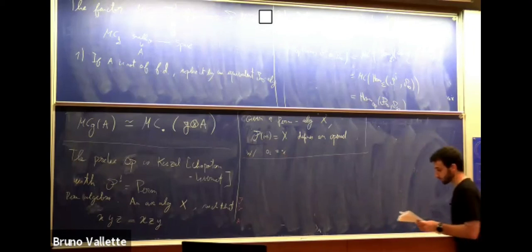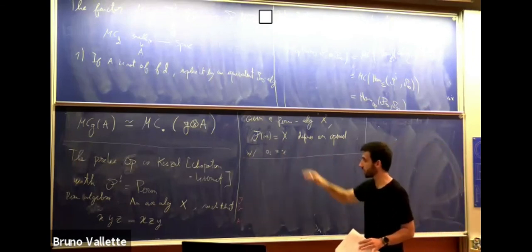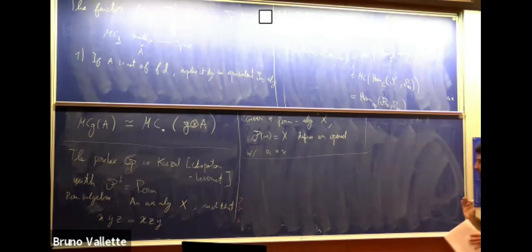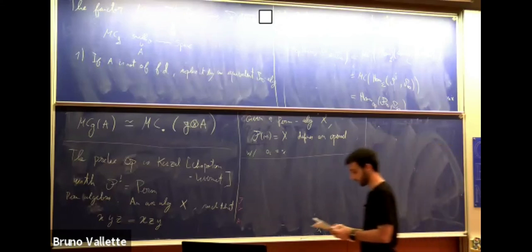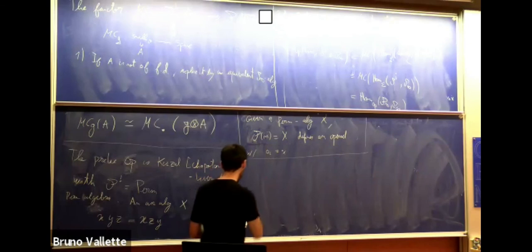In particular, this tells you that if I take an operad, I can take the tensor product of an operad with a permutative algebra everywhere, and it remains an operad.